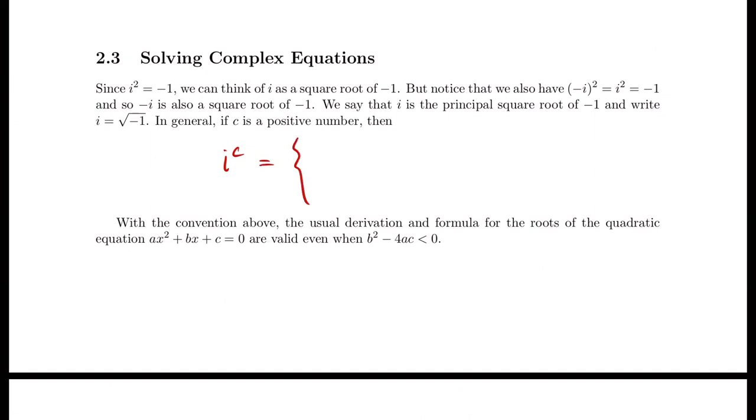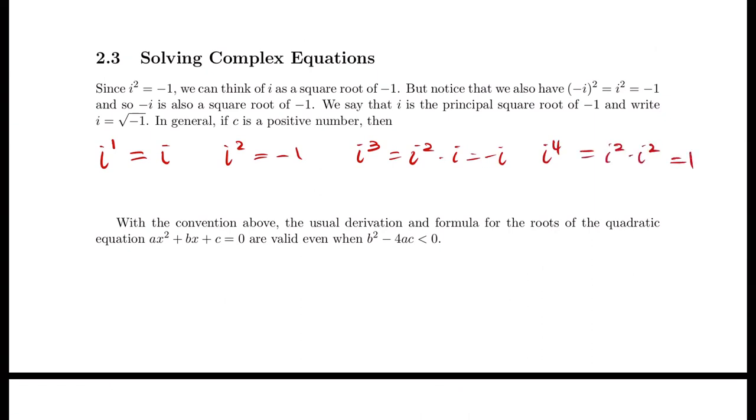If we try to evaluate i to the power of 1, that is going to be i. But i squared, we have -1. i cubed is also the same as i squared times i, which is negative i. Or we have i to the power of 4, which is i squared times i squared, which is equal to 1. And then the cycle just keeps on repeating.